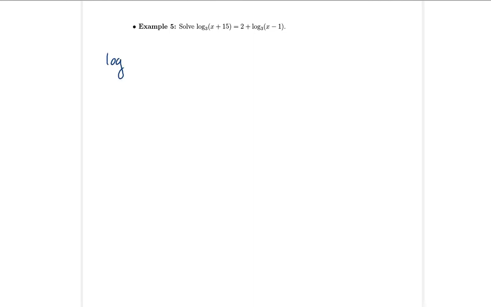So the log base 3 of x plus 15 minus the log base 3 of x minus 1 is equal to 2.